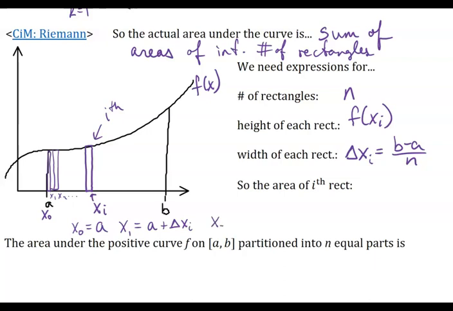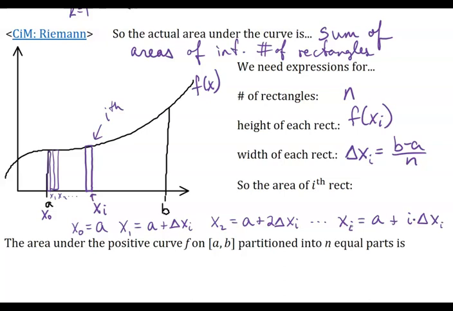The next x coordinate, you may see what's happening here, is the left endpoint plus, now we've shifted over by two rectangles, so 2 times delta x, etc. And then the ith rectangle, not the nth rectangle, is going to be the starting point plus i times delta x. And again, delta x is b minus a over n.